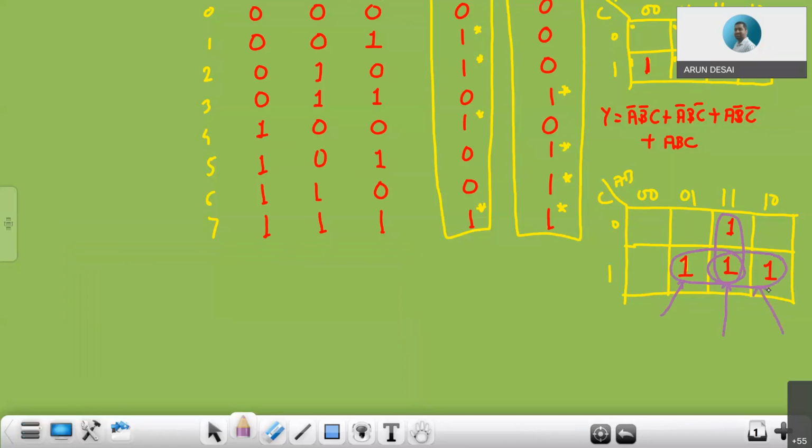Find out the solution. In this group, B is common. A changes, B, C. In this case, C changing, A, B. In this case, B changing, A is there, C. Right. This is how the expression looks.